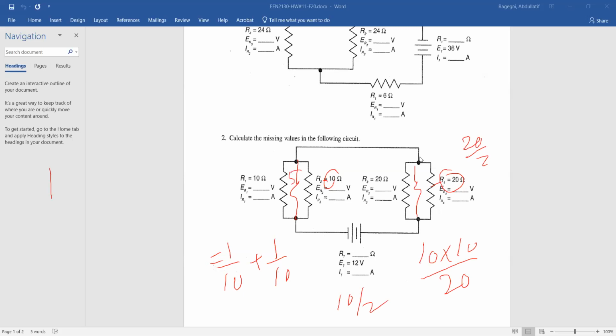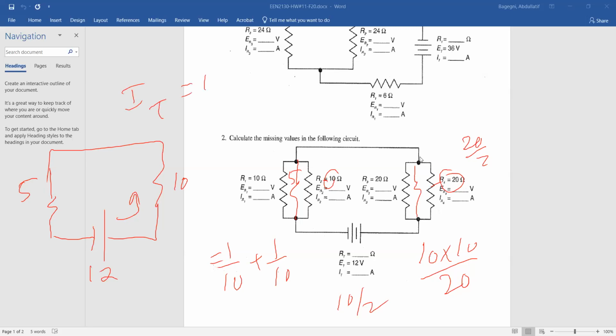So again, the actual circuit will be, if this is 10, this is 5, and the voltage here is given as 12. So IT would be 12 over 15, because this is ET and this is the total resistance, 15.